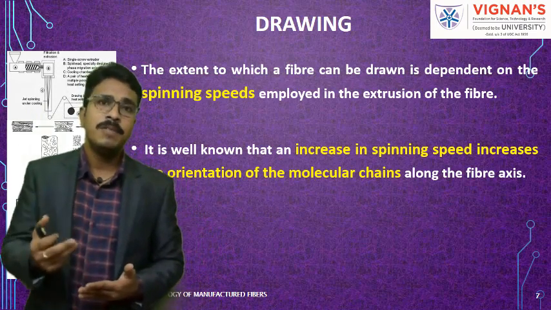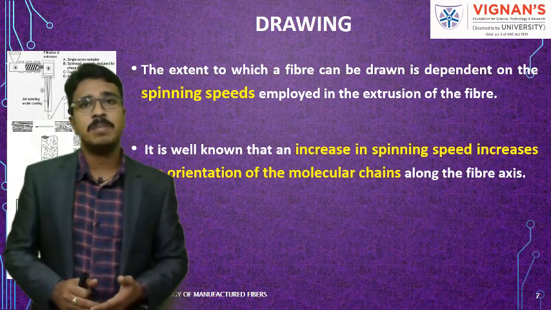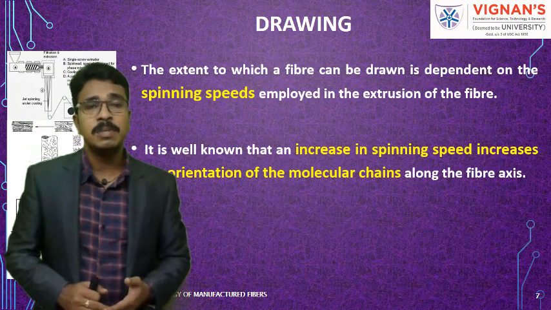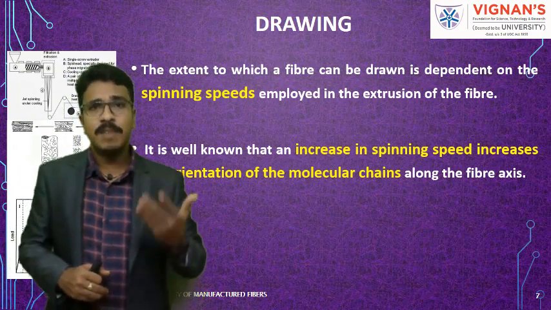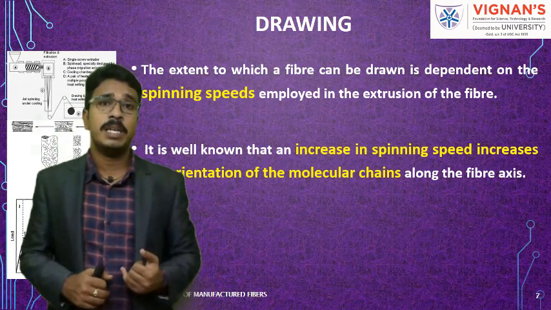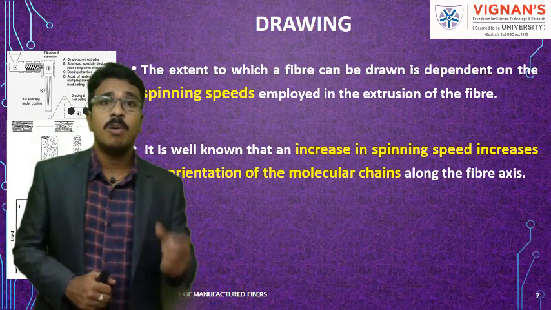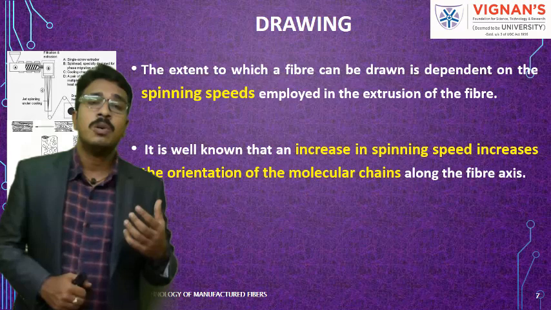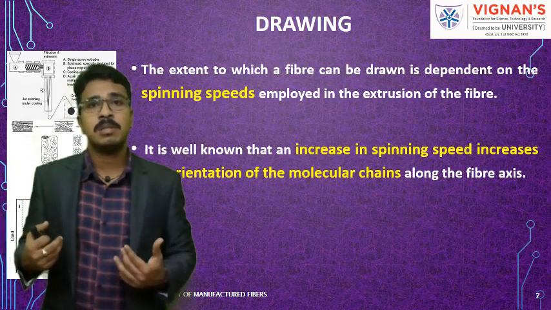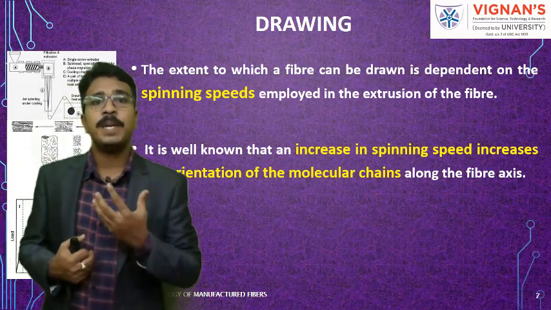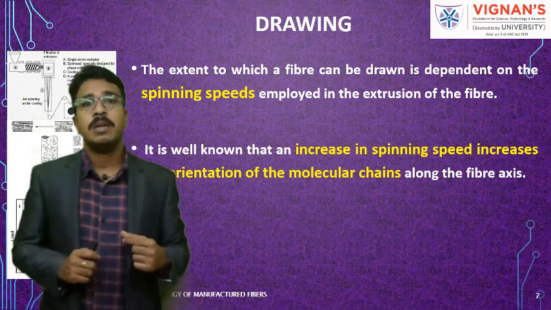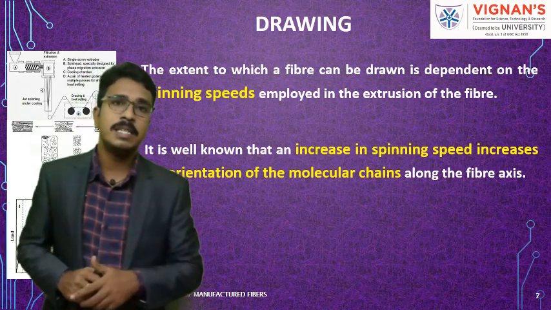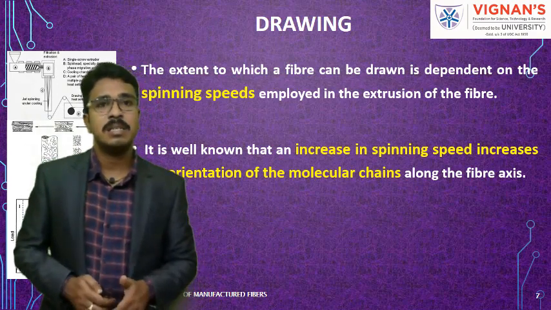Suppose you go with this high speed spinning concept, at more than 4000 or 5000 or 6000 meters per minute spinning speeds, obviously you don't need a separate drawing process. Why? Because the increase in spinning speeds increases the orientation of molecular chains along the fiber axis.